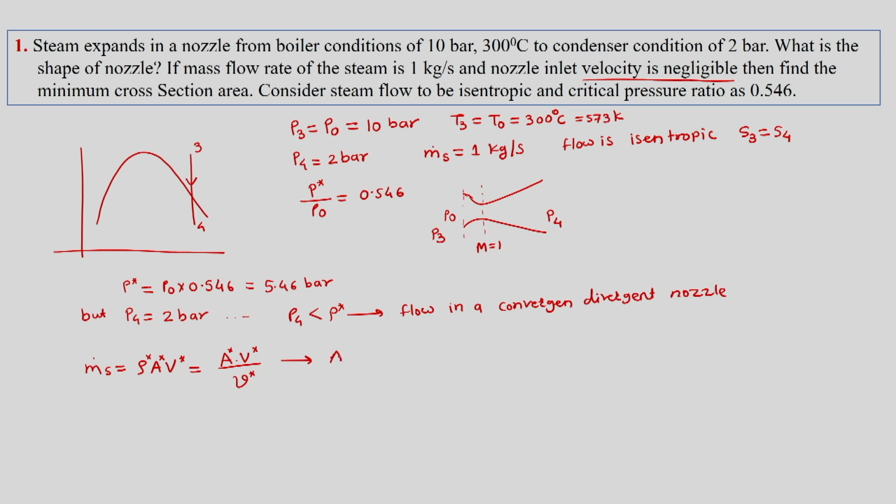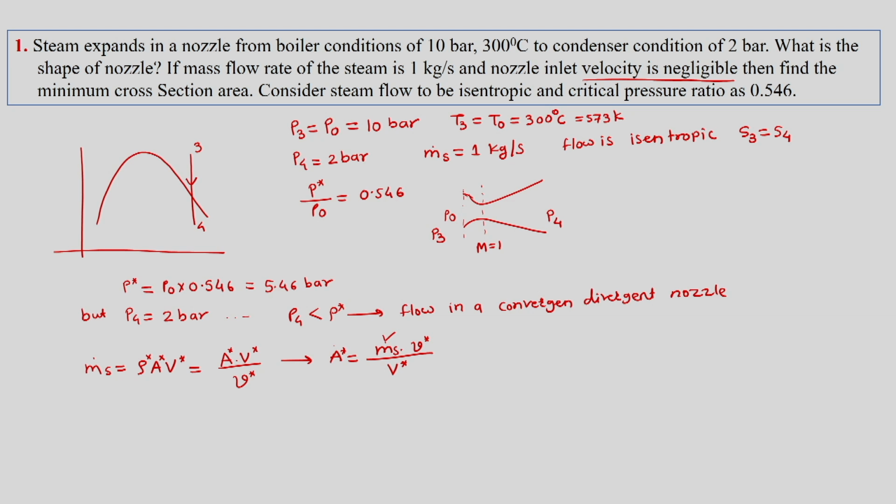So A star is equal to m dot s into the specific volume at sonic condition divided by the velocity at sonic condition. We need to find the area for m dot s, which is given to us, the specific volume at star and the velocity at star. So we will do one thing.